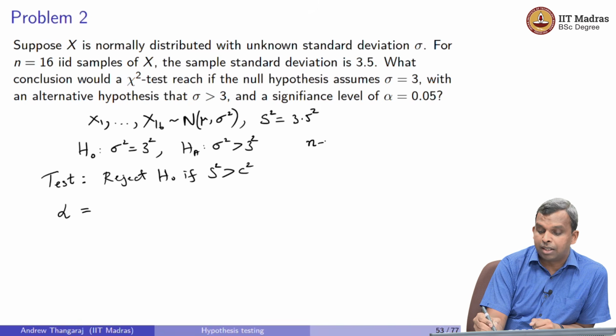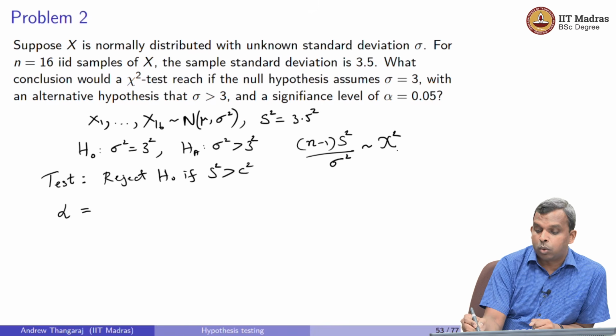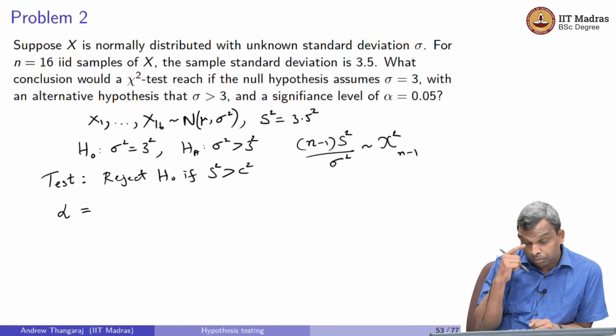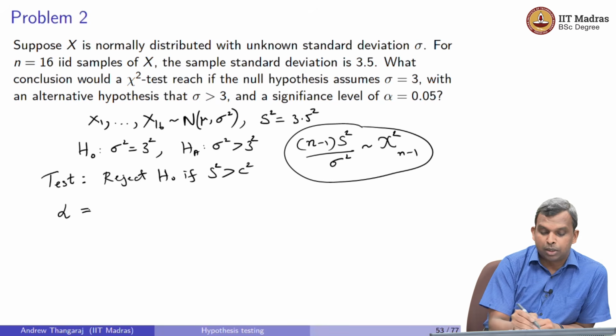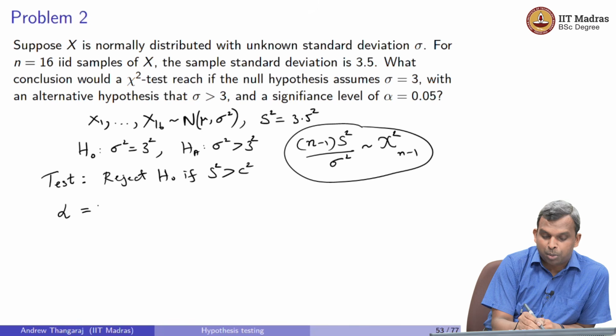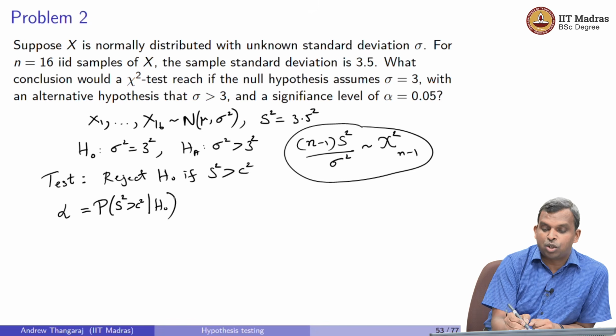We know what the distribution is: n minus 1 times S squared by sigma squared is chi-squared n minus 1. So this is the result that we know, and we have to work towards that. So alpha is the probability that S squared is greater than C squared given H naught. Given H naught, you know the variance is 3 squared. So what's the probability that S squared will be greater than C squared?